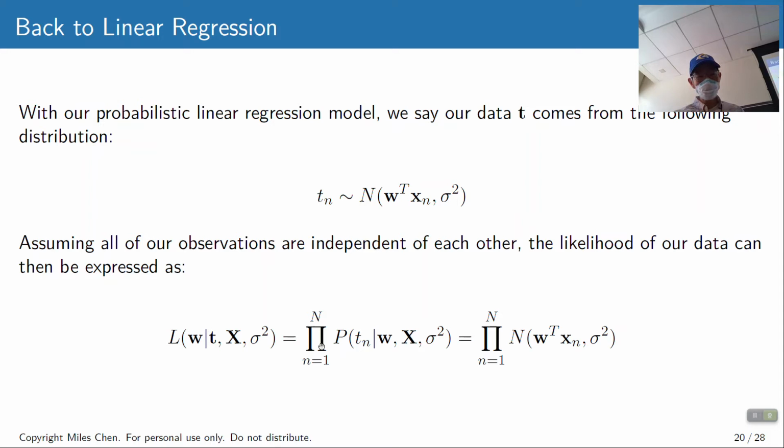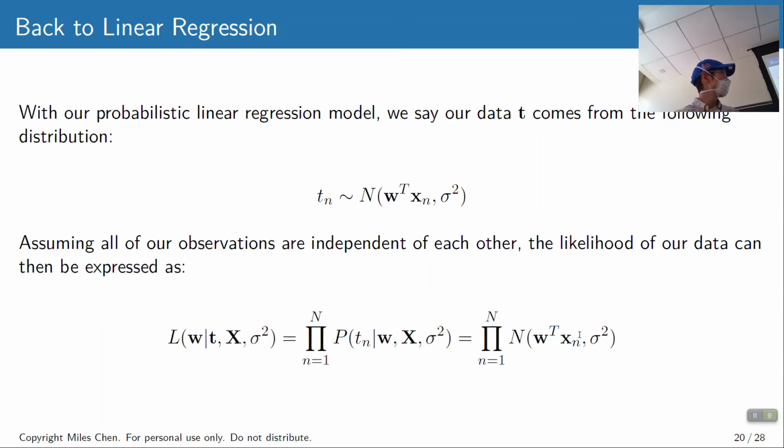So the total likelihood is going to be the product of each of the probability functions. We have the probability of getting this observation t sub n given all of the other values. What is the probability of t sub n? It will be basically your normal density function with mean this and variance sigma squared.